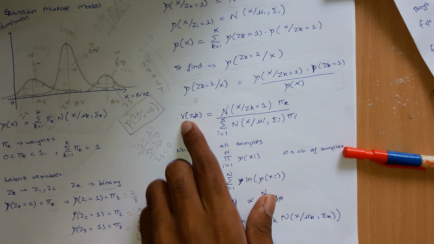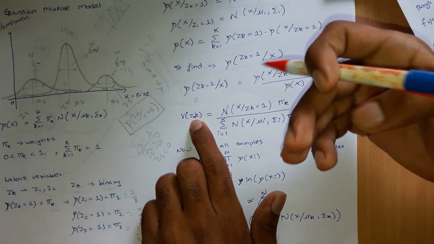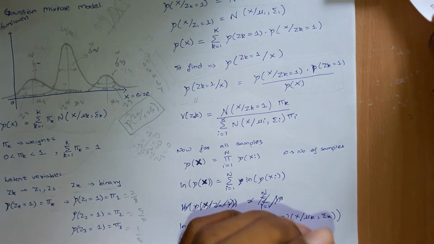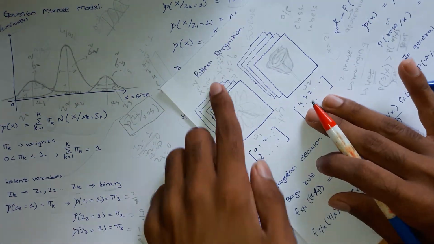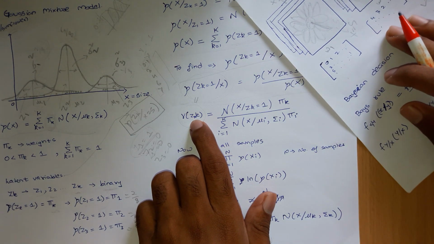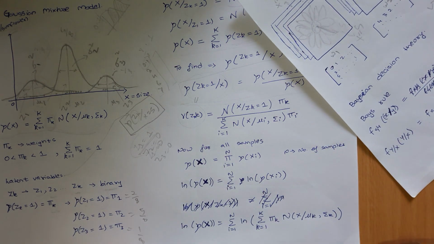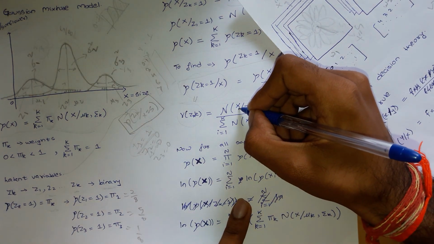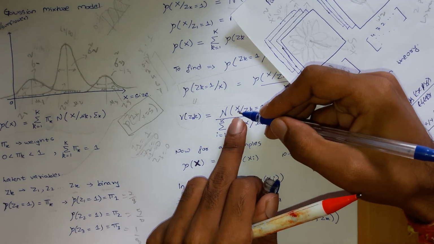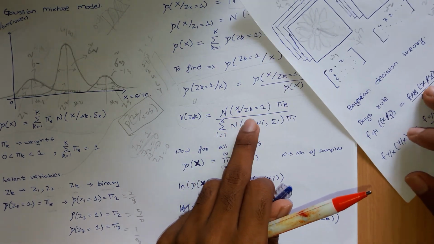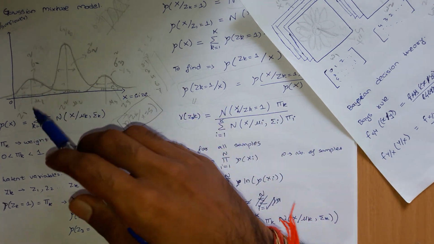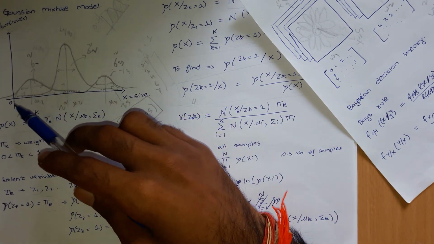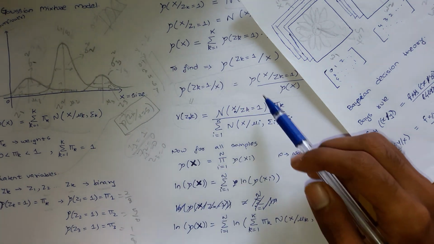So for a particular sample, I will have some sample: the first sample, second sample, third sample, fourth sample, so that is denoted by this n. Because of this I will have to put an n over here. And k tells you which Gaussian it will belong to. So will it belong to the first, the second, or the third Gaussian? That's important.